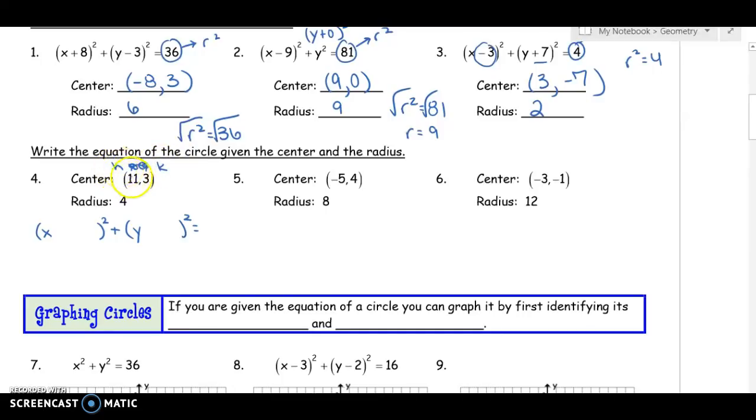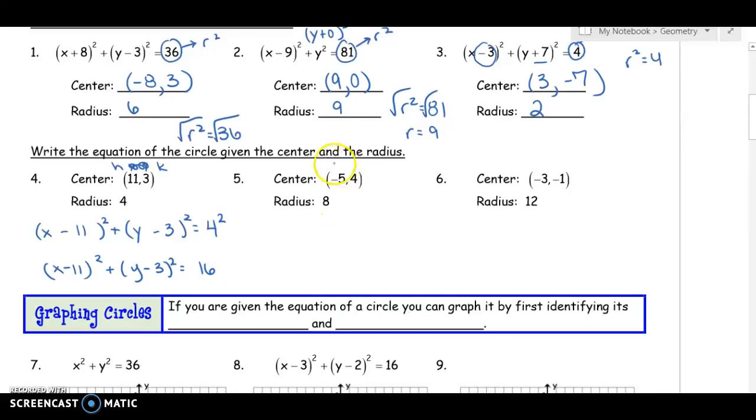So the h, the first number, is going to go in the first parenthesis. Since it's a positive 11, you'll do the opposite. It'll be a minus 11. Since this is a positive 3, you're going to put a minus 3. You do the opposite. And then this last number is radius squared. So make sure it's 4 squared. If you want to simplify that a little bit further, you can totally do that. And you can rewrite it as equals 16, because 4 squared is 16.